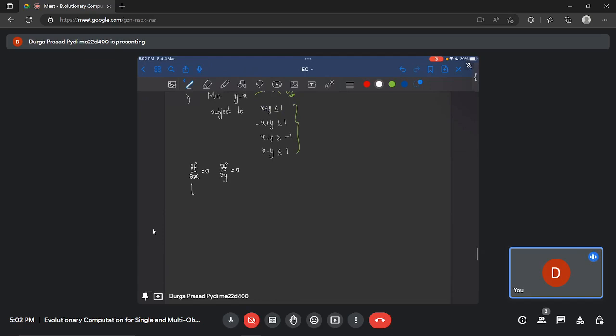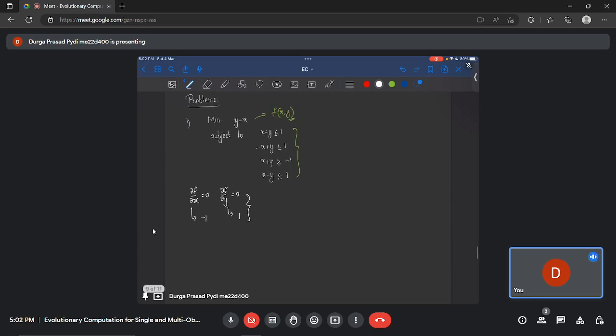This particular one will give us -1 and this one will give us 1, which essentially do not have any optima as such. This is the necessary condition which states that if a stationary point has to exist for this function f of x comma y, then we need both of these conditions to be satisfied, which is not the case with the current problem.